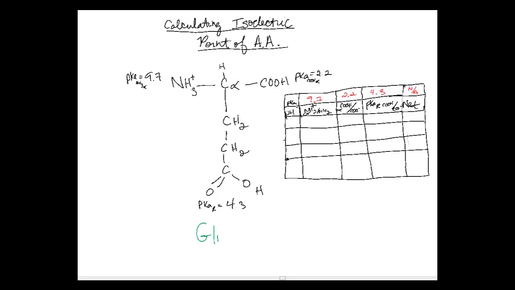This is glutamic acid. It has a side chain of a carboxylic acid here, and the pKa that is 4.3 has to do with this proton.